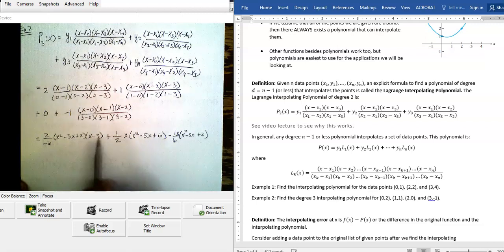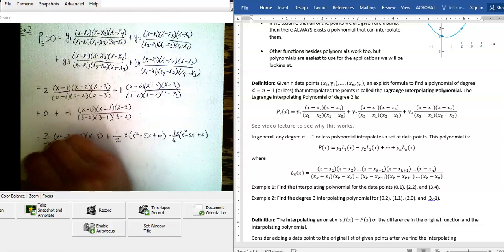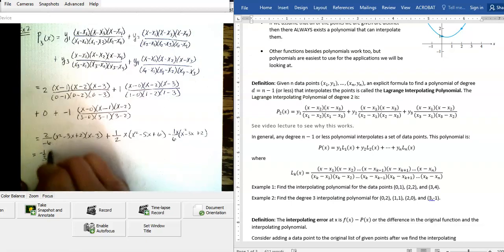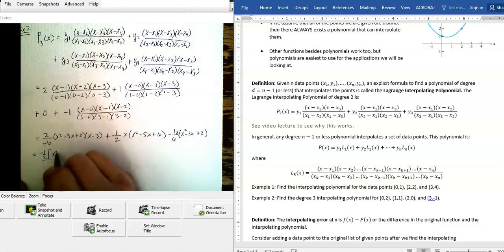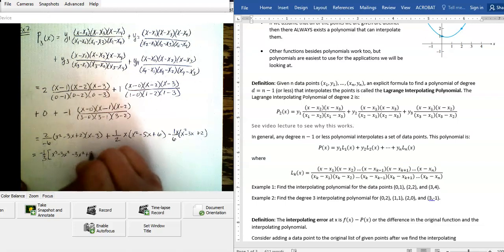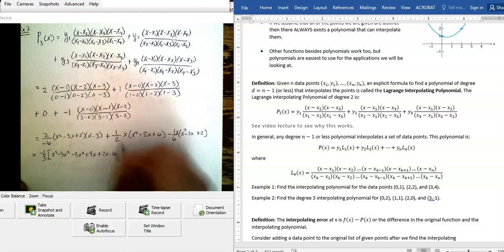So let's do one more foiling process, then we'll simplify. So I have negative a third times, now let's foil that, x cubed minus 3x squared minus 3x squared plus 9x plus 2x minus 6.